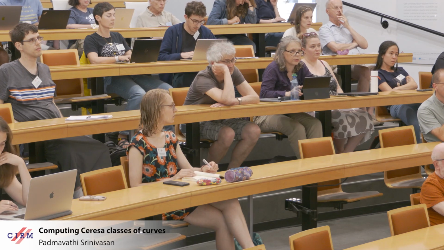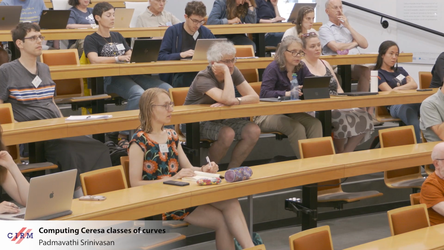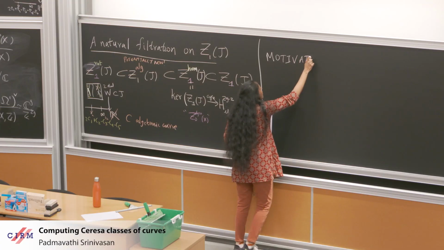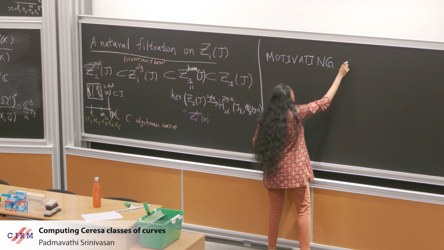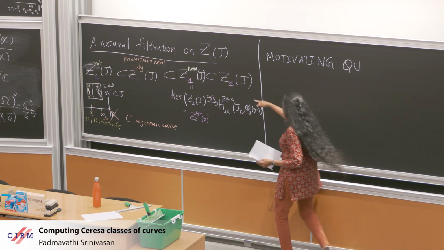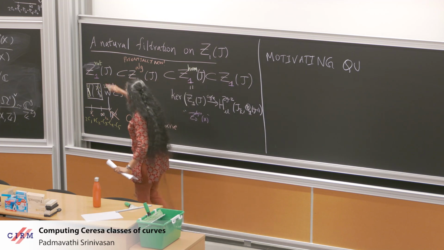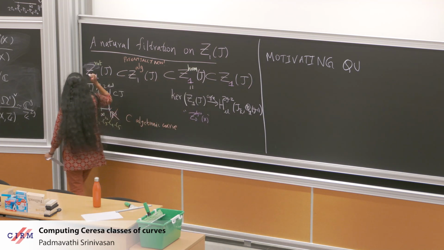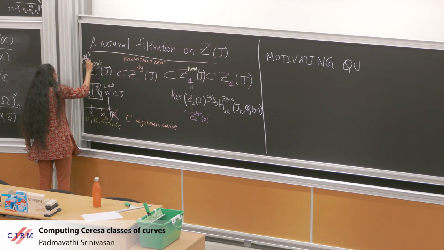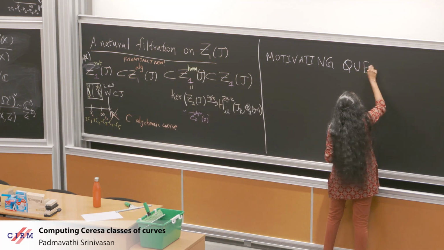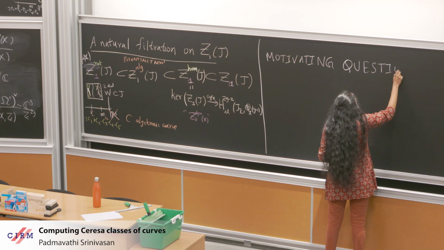So here's our main question. I've defined a canonical element in here. We want to know how deep in this filtration this canonical element is. How trivial is the Ceresa cycle? The title I submitted was Certifying Non-Triviality of the Ceresa cycle.